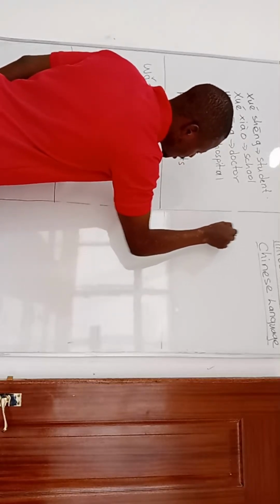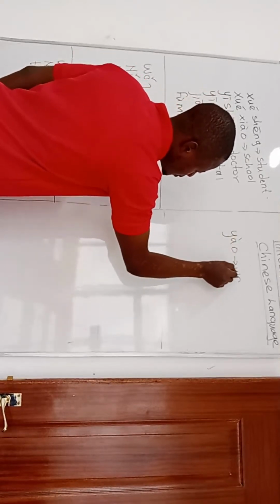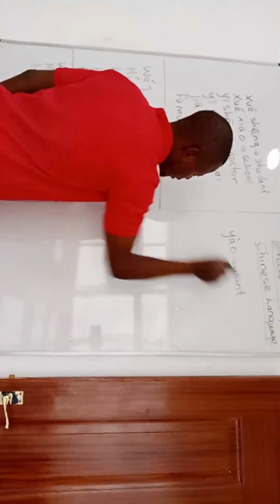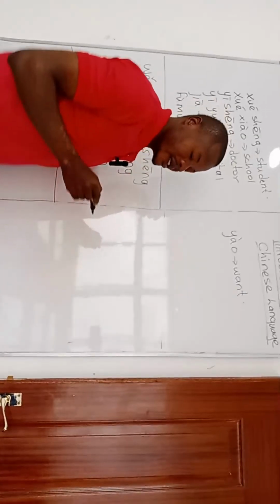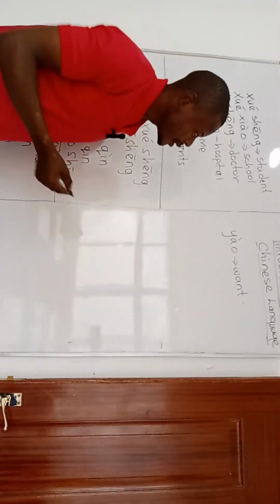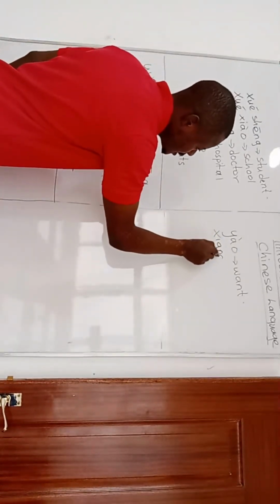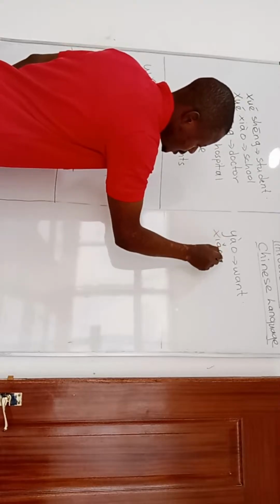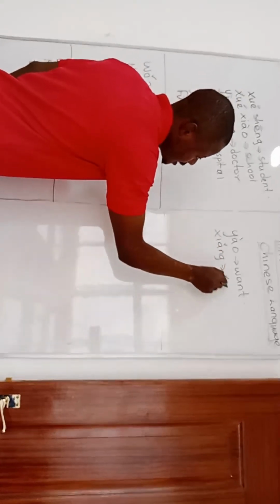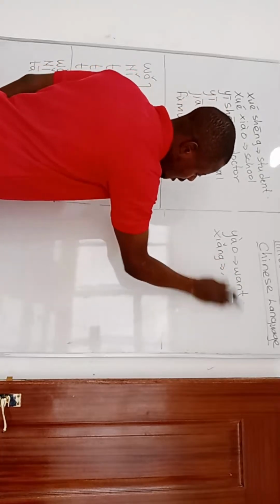The first one is yao, which means want. What about the other want, which is a little bit polite, which is need? It's called xiang. Remember, xiang is for the beginners.